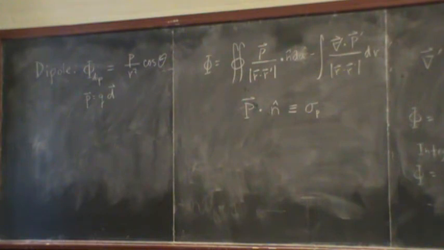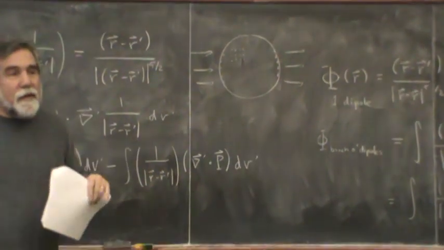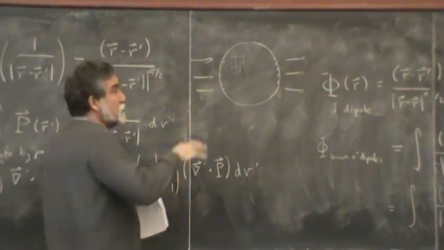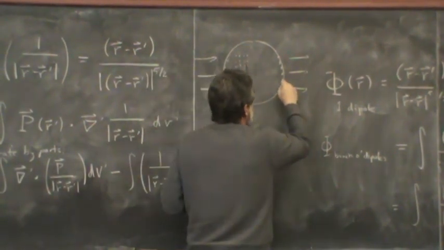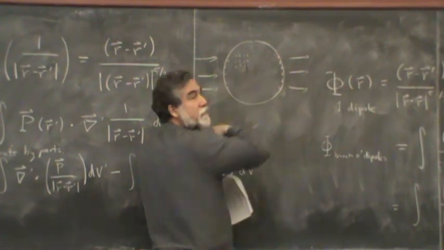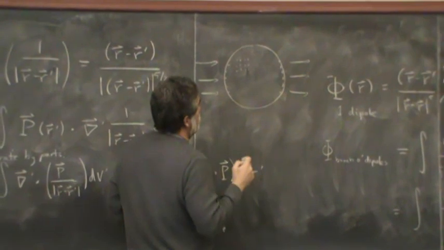But now they're oriented. So I end up with a net positive charge on this face and a net negative charge on that face. So applying the external electric field causes the atoms to polarize, so that I end up with a little bit of extra charge here, and a little bit of absence of extra charge over here on the other side, okay?